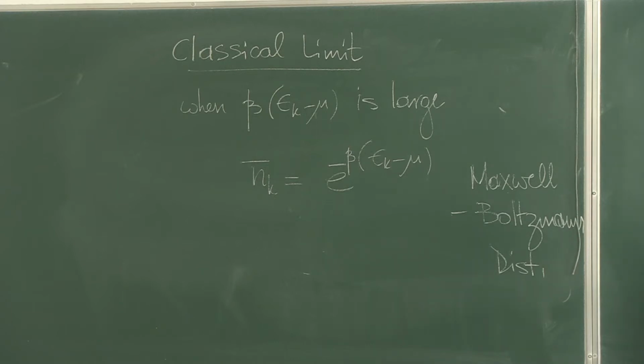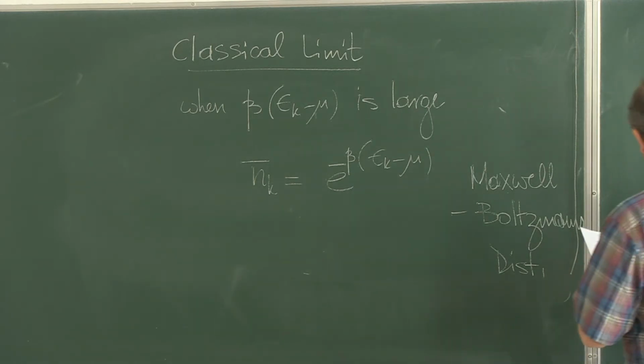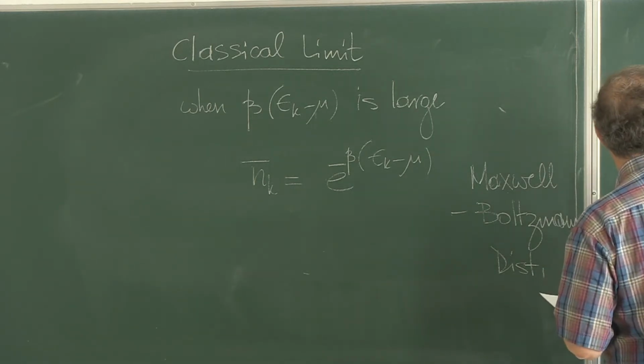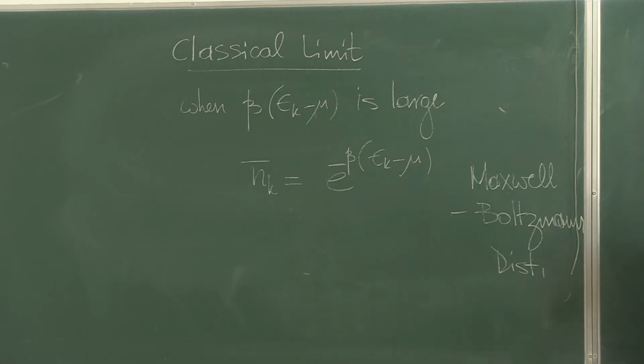If you plot these three things, average occupation numbers for classical, fermionic and bosonic systems, you have the following important difference.